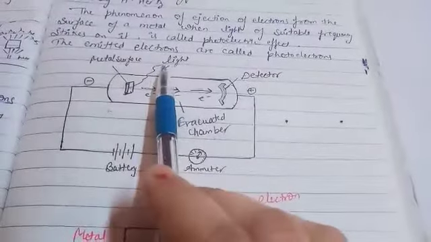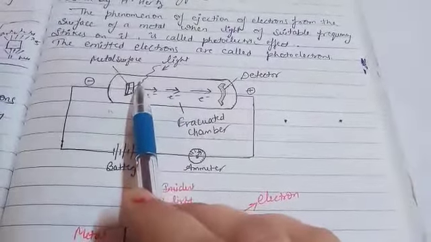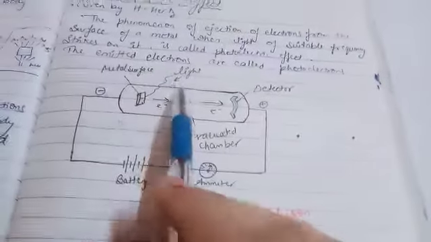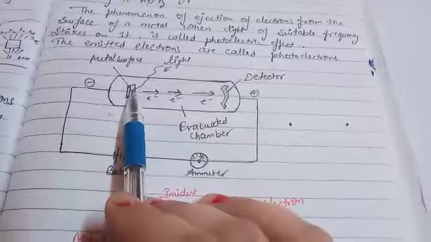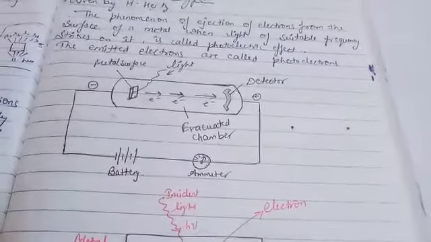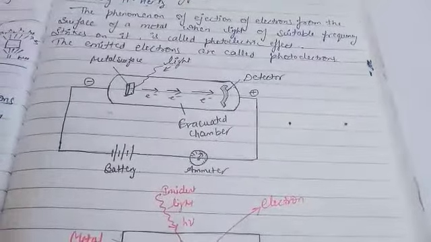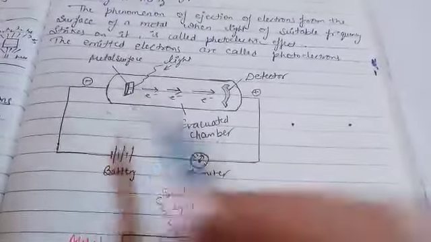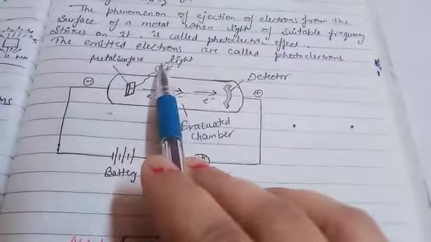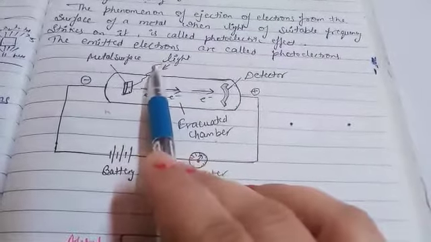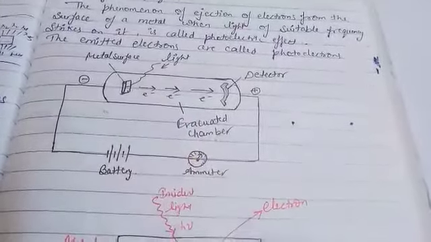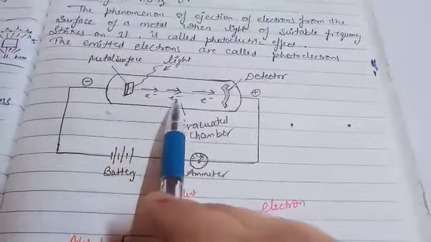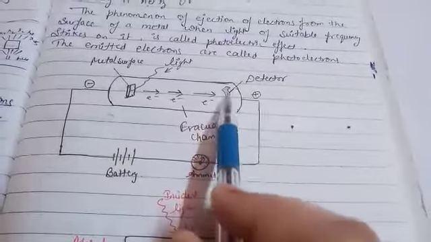So now just see, when he passed light through this metal surface, at the starting stage he put some frequency of light in it, and there was no ejection of electrons. Then he increased the frequency even more. In that case, when he increased that frequency, at a certain level, after that frequency there is an ejection of electrons, and this one is a detector.